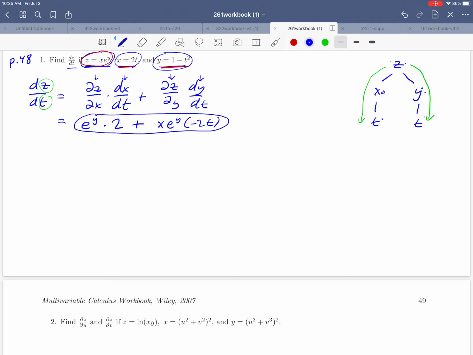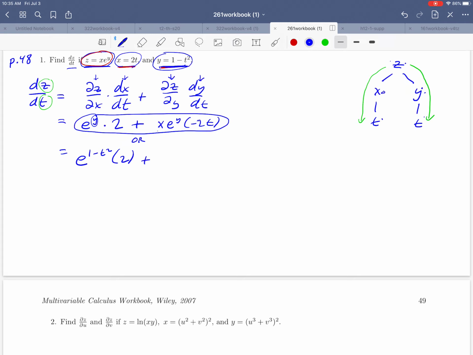If you wanted to, you could also go one step farther and write our answer as a function of t. For example, we could go back and ask what this y is equal to in terms of t. We can see from up here that y is 1 minus t squared, so we could write this as e to the 1 minus t squared times 2.